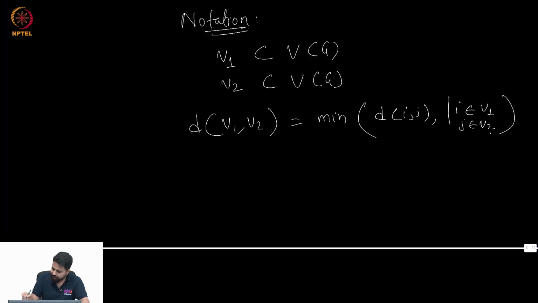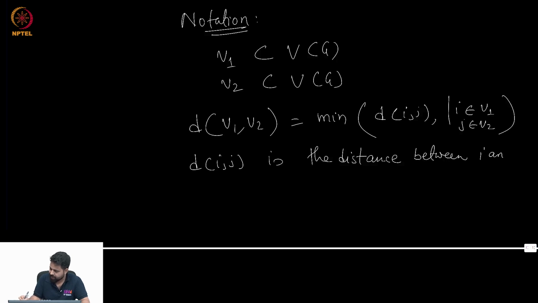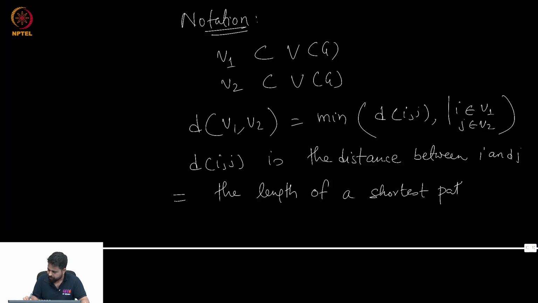Remember, d_ij is the distance between i and j. And what do we mean by distance? It is the length of a shortest path between i and j.